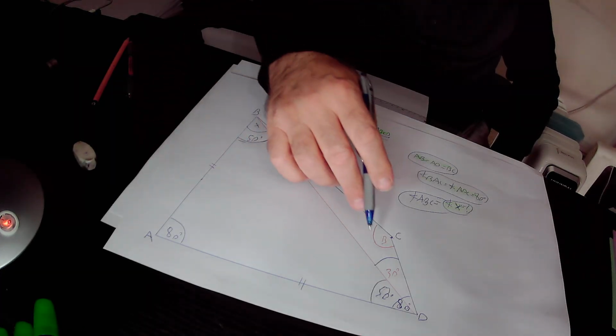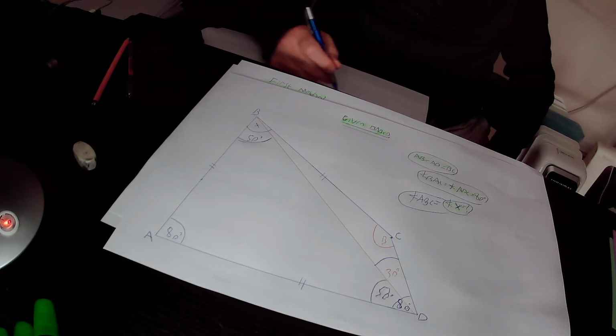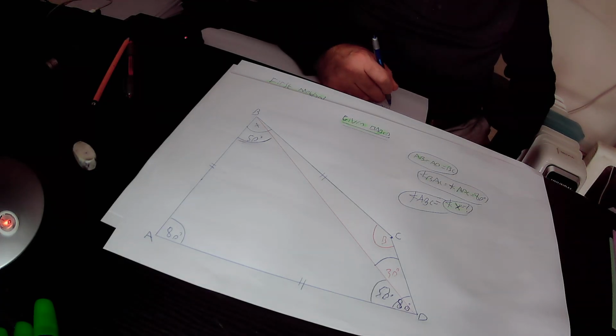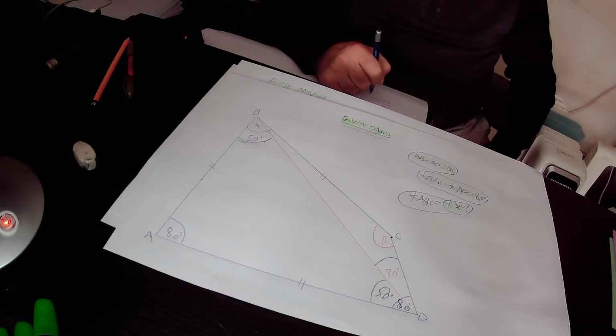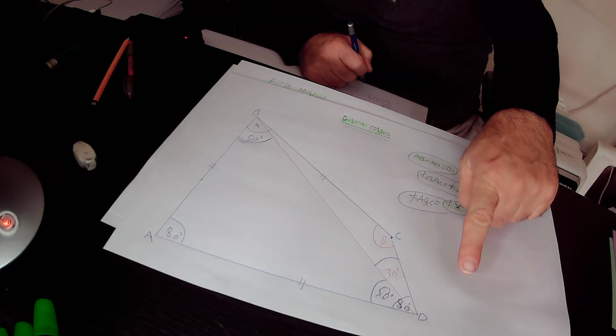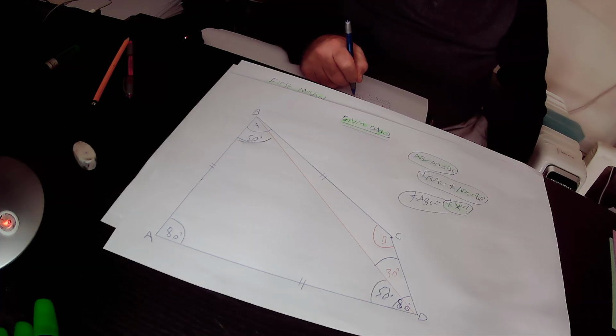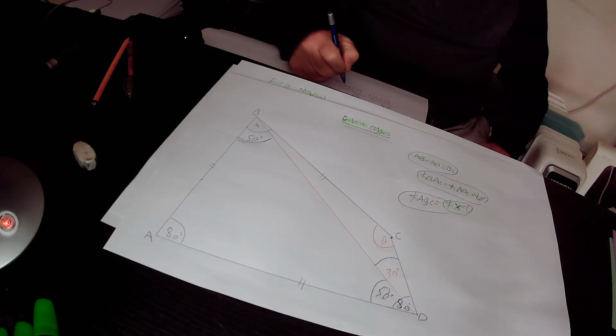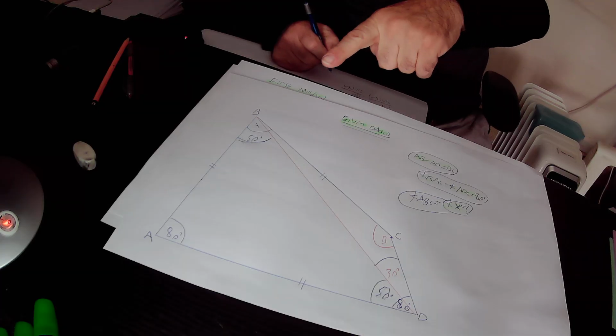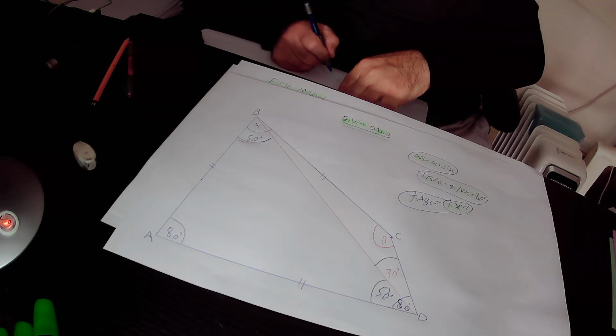BA over sine 50 degrees equals BD over sine 80 degrees. Repeat again: according to the law of sines, in this triangle ABD, the following equation is true.